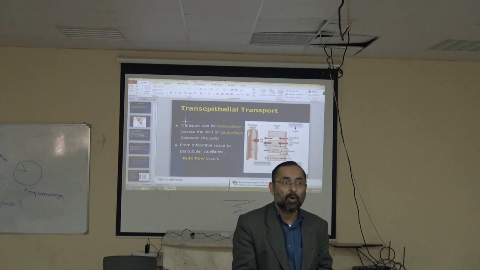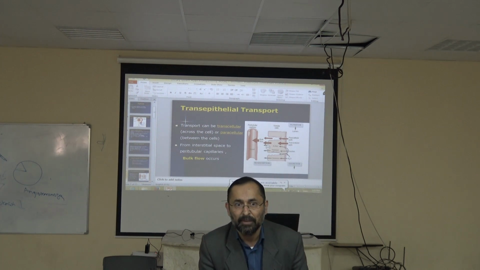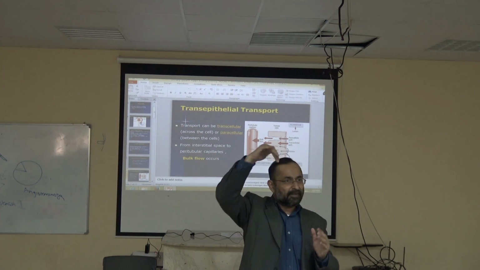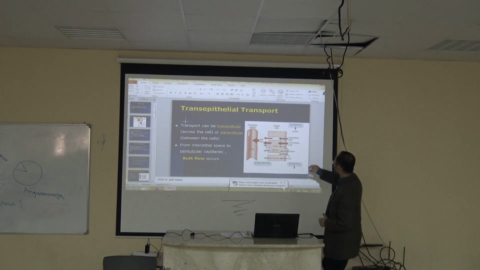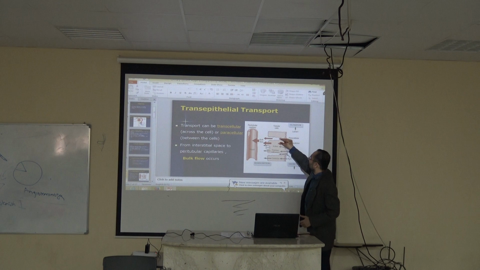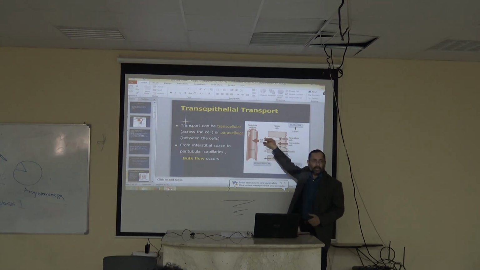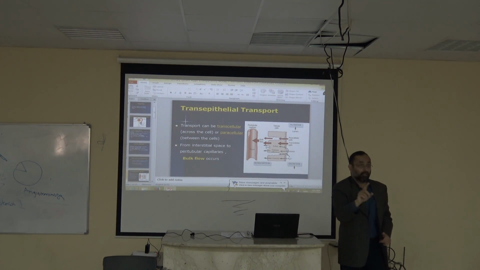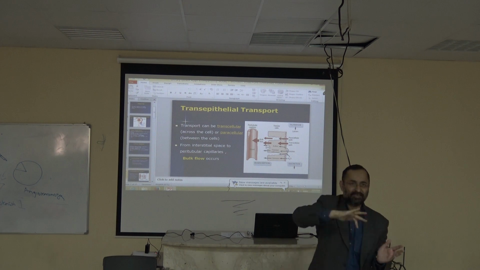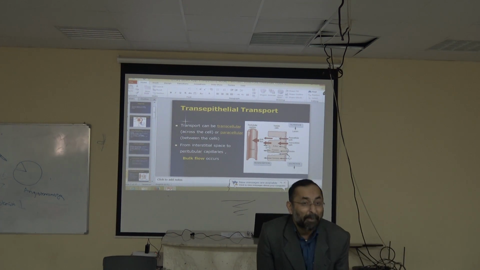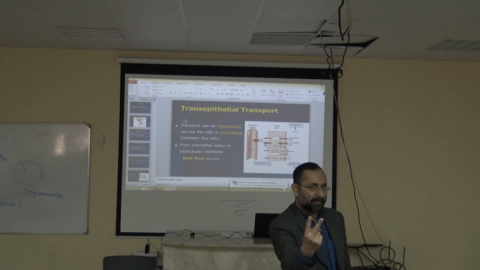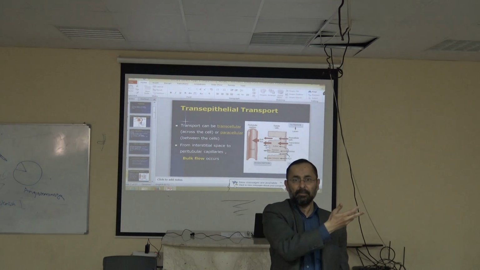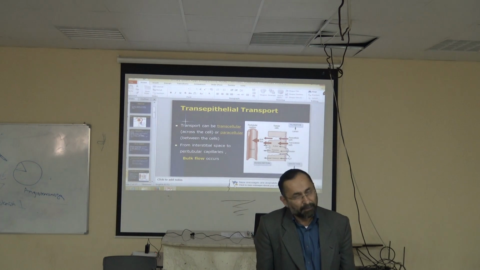So ions and water can move through the tight junctions. They are leaking and passing through this pathway. This is not transcellular. It is on the sides of the cells, so you call it the paracellular pathway. So there are two pathways for movement: one is transcellular and the other is paracellular.